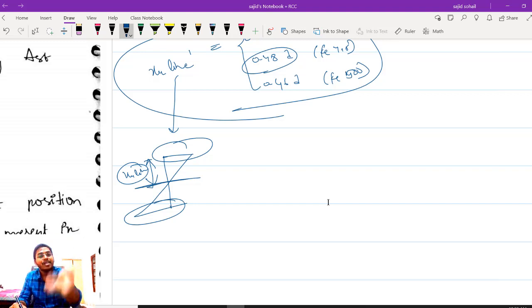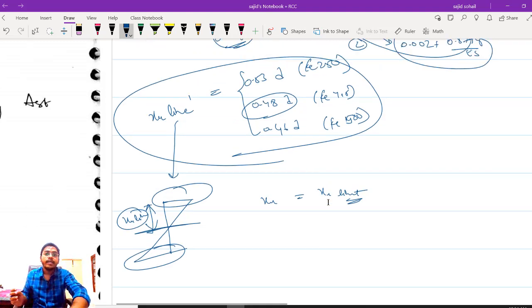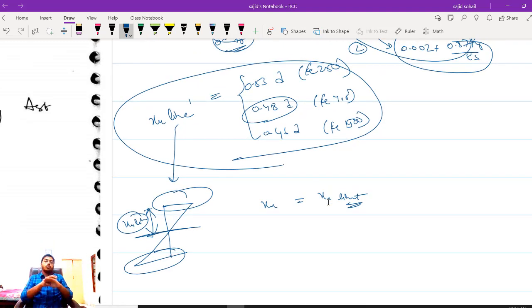So this is nothing but your balanced section. In balanced section your Xu value is nothing but Xu limit. Okay, your depth of neutral axis from the maximum compression zone is your Xu limit itself, which is 0.53D, 0.48D and 0.46D. Concept समझ में आ गया? Perfect है अब. This is balanced section.